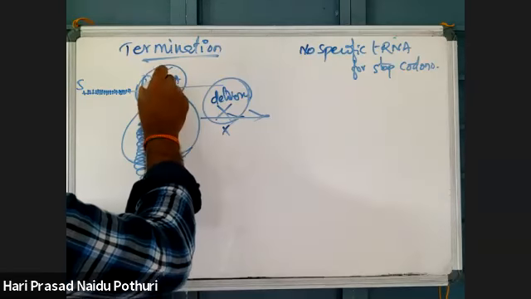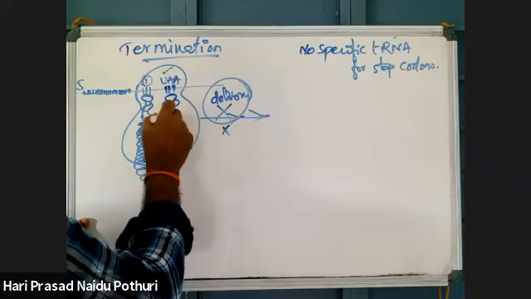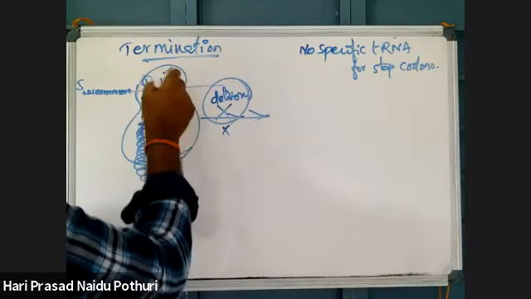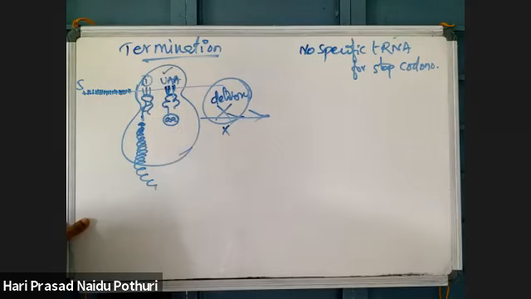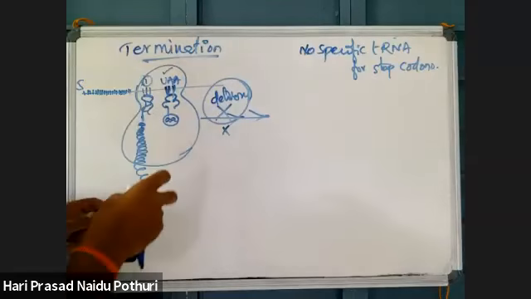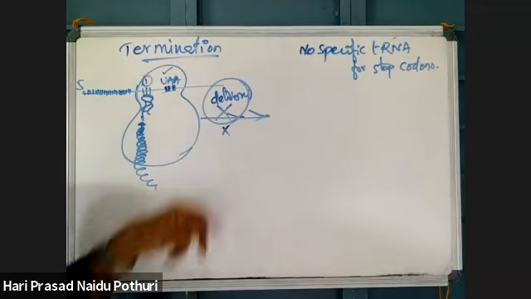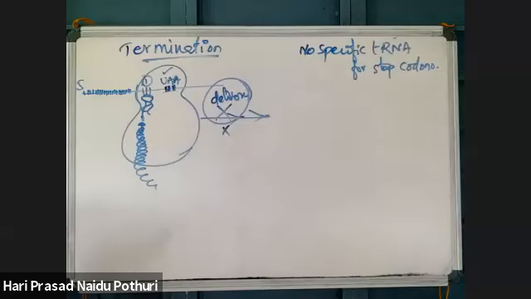There is no tRNA that can combine with UAA. So no tRNA is coming. So the delivery of charged tRNA process is stopped. That is not possible.